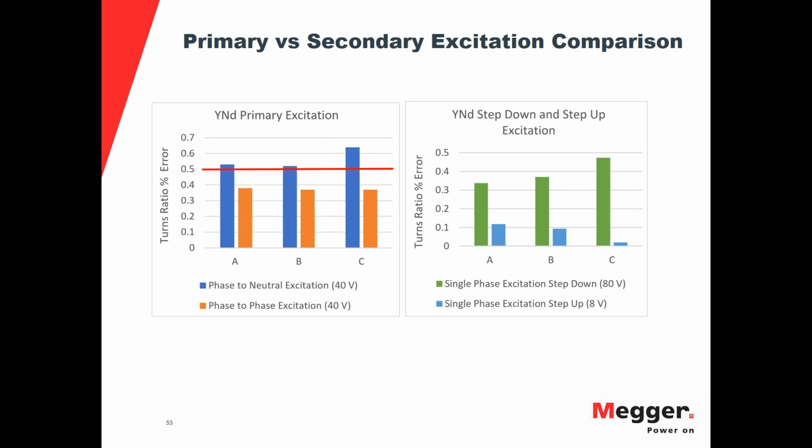But what we notice is if we switch over to a step up mode, we can see that single phase on both of these tests, applying at 8 volts, we're closer to the core, to the winding that's closest to the core. We're getting higher excitation current. We're also getting a higher amount of flux. So what we see here is now our ratio error percentage has really dropped down, and we're down to 0.1 or lower.